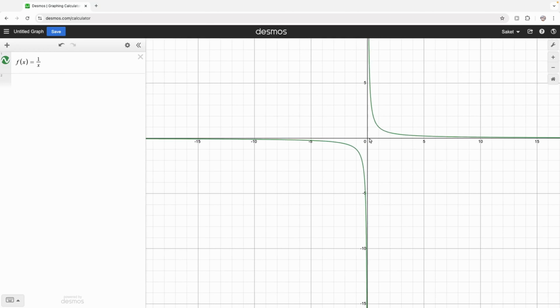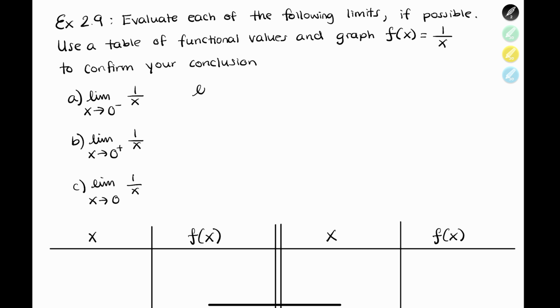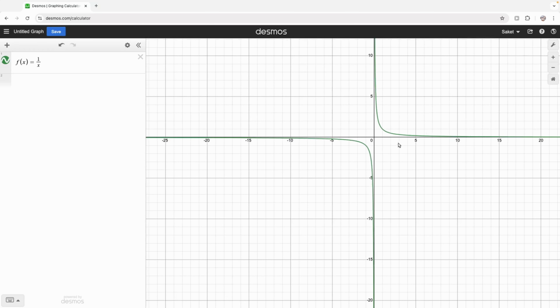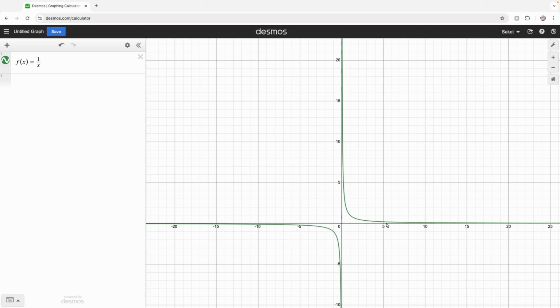So let's go back to the iPad, and we could conclude that the limit as x approaches 0 from the left-hand side of 1 over x is equal to negative infinity. And now let's go back to Desmos and look at part B. So looking at the limit as x approaches 0 from the right-hand side, looking at all of these x values, we see that we're shooting up and going straight up to infinity.